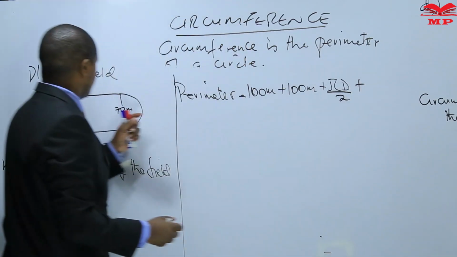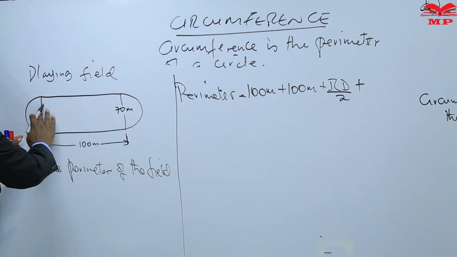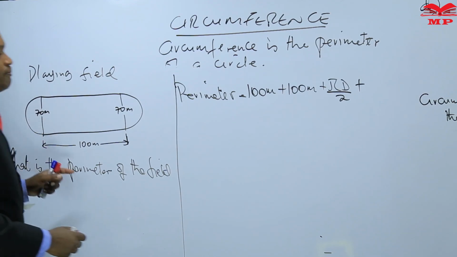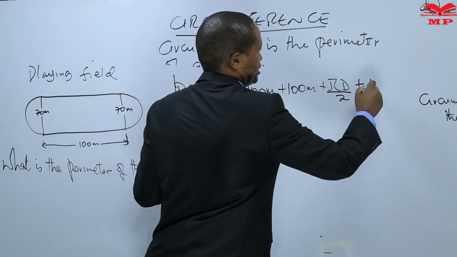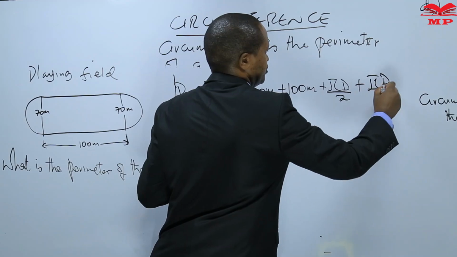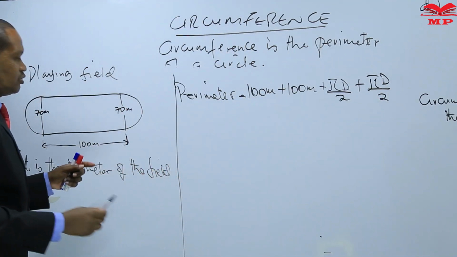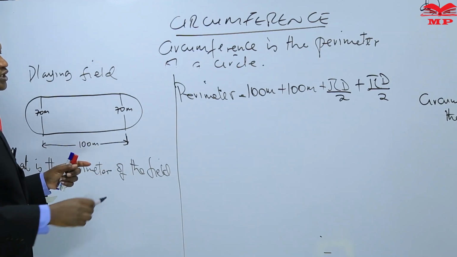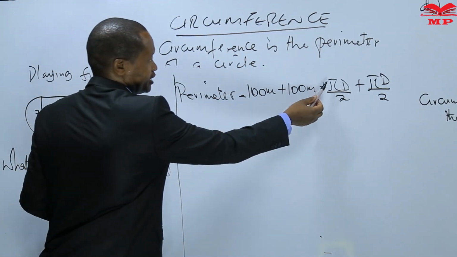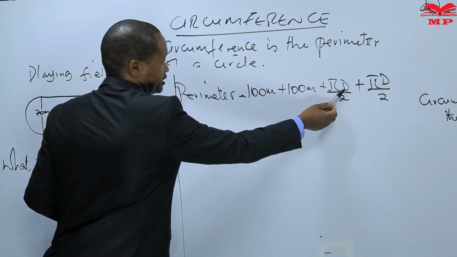Then we add again this side, which should be 70 meters. We get pi d over 2, because it's a semicircle. If it was a full circle, then we don't divide by 2, we just multiply pi times the diameter.